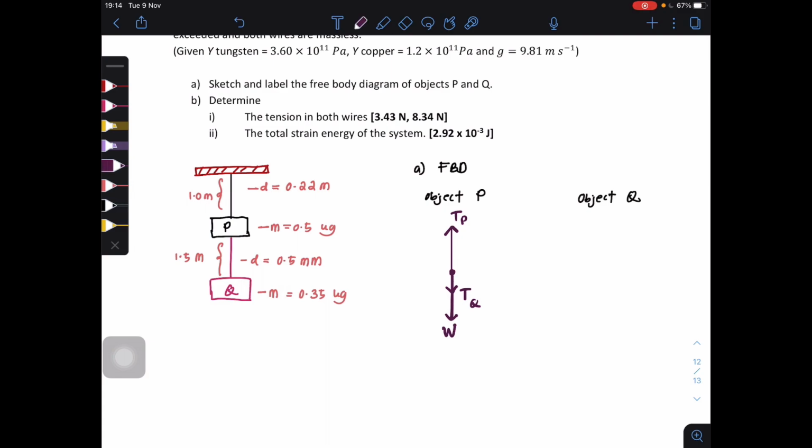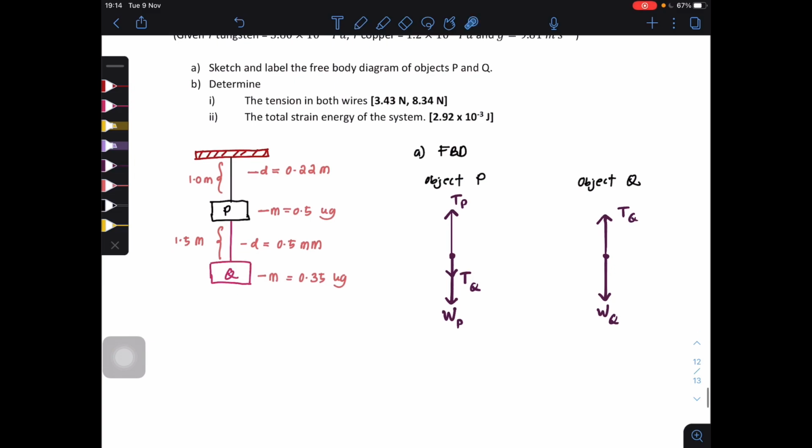Okay, so next one, object Q. Sama juga, kita akan start with a dot. So untuk Q, dia akan ada weight force going downward and also tension force going upward. So weight force, okay, let's label this one, and then tension force going upward, TQ.